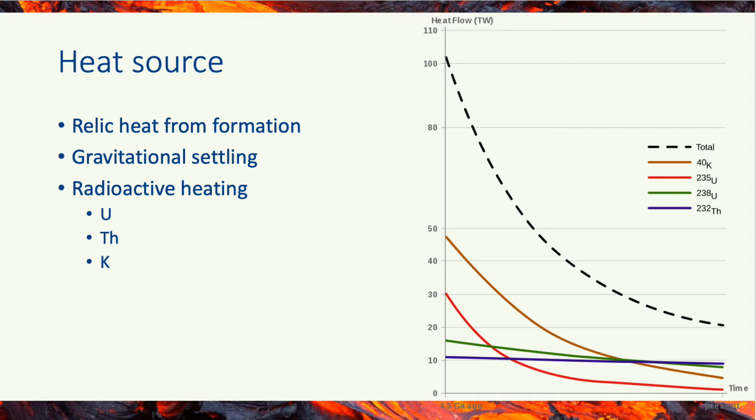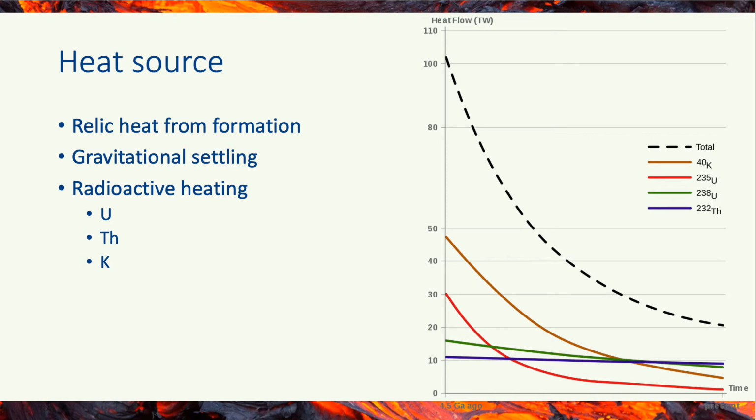The first is from the first accretion of the planet 4.5 billion years ago, all of those asteroids and planetoids and lumps of rock impacting together to form our planet, which let out a huge amount of heat, and there is still a good proportion of that heat from our formation remaining in the planet.